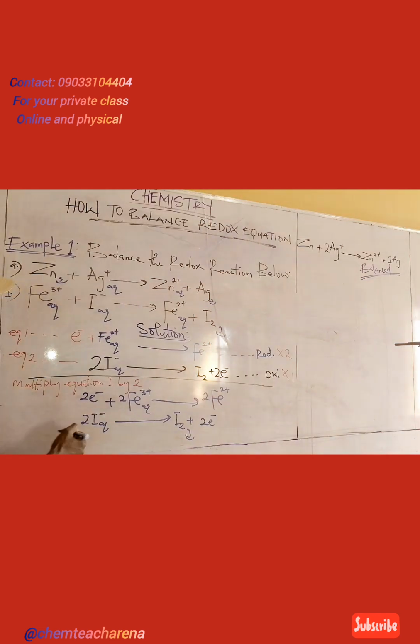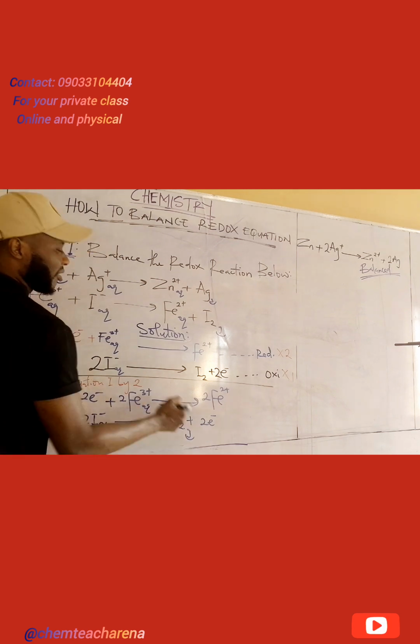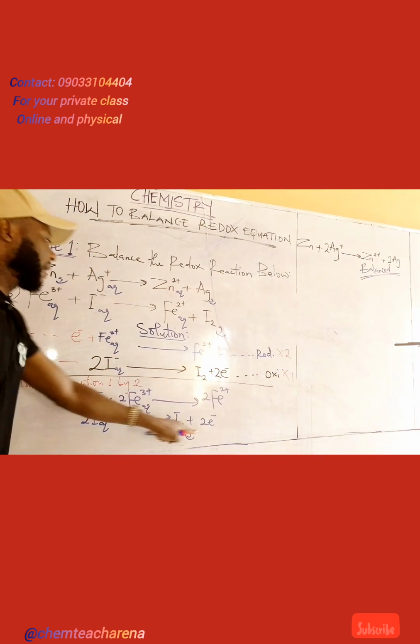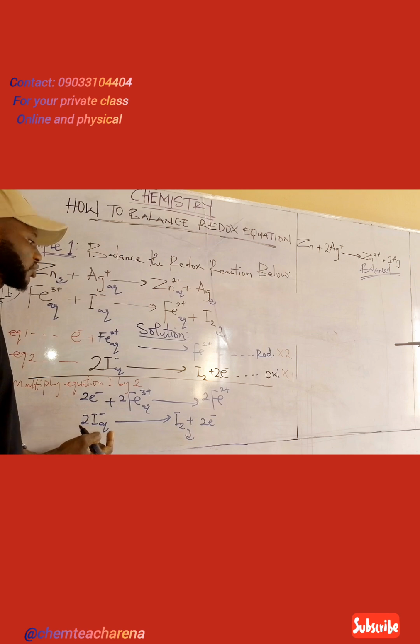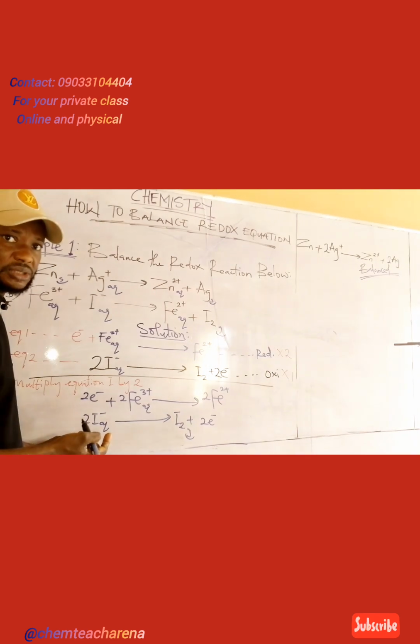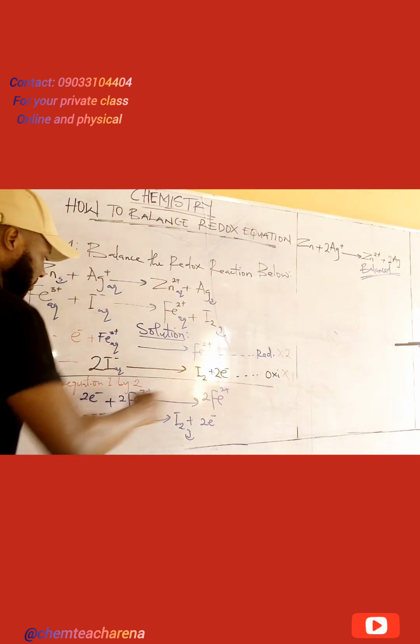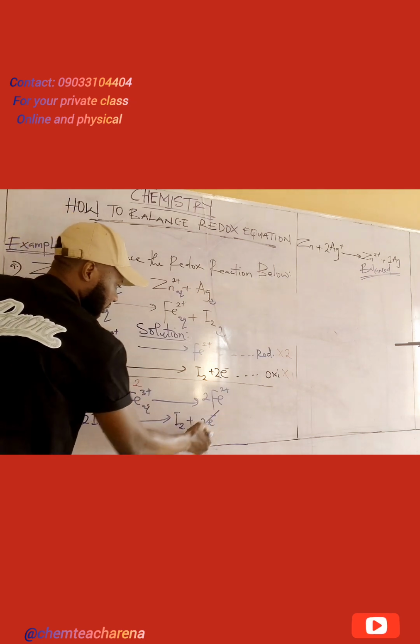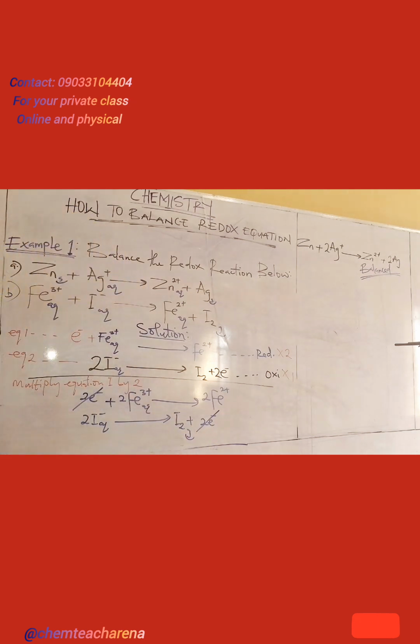When solving this question, make sure that your electrons are on opposite sides. If the electrons are still on the same side, it's wrong, and they cannot cancel out. They must be on opposite sides. So these 2 cancel that 2. What is left?